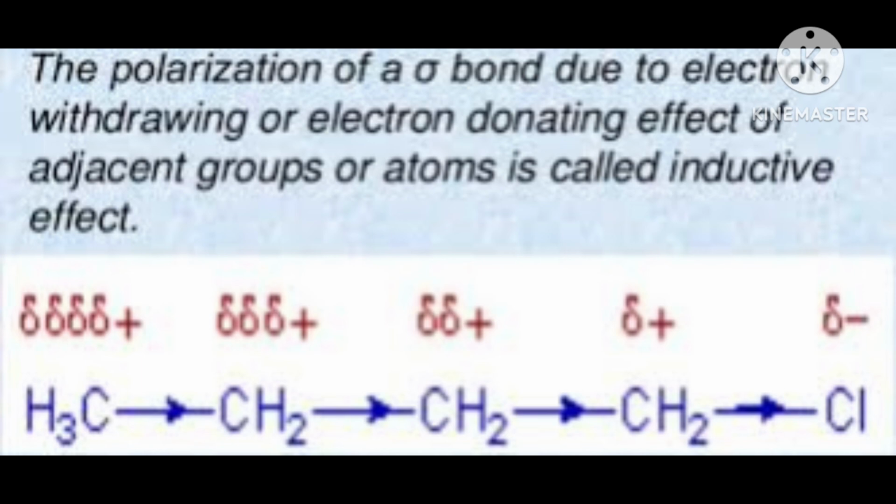It can work in both ways. The substituent group or atom can give electron and can also take electron. The developed charge depends upon what type of substituent is there. It can withdraw and can donate also.